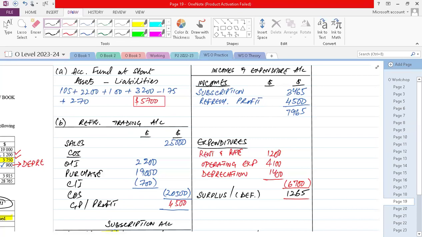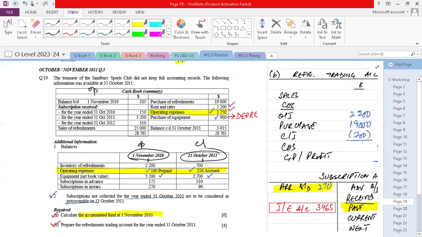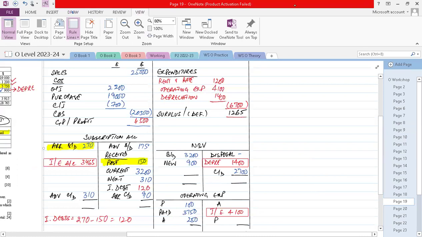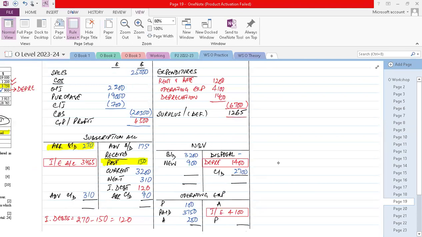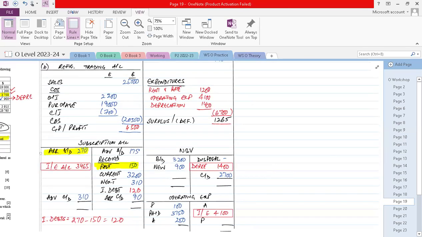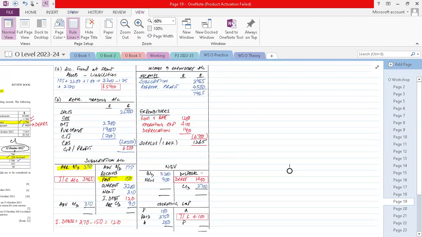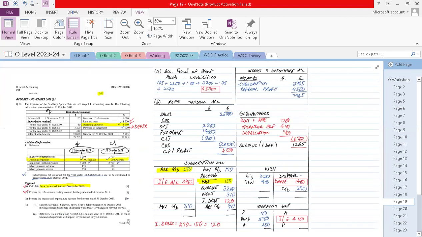How to calculate or make SFP? Now look carefully again. First of all, you may take a screenshot if you want of the workings which we made, accumulated fund, with the question, so it's easy for you.